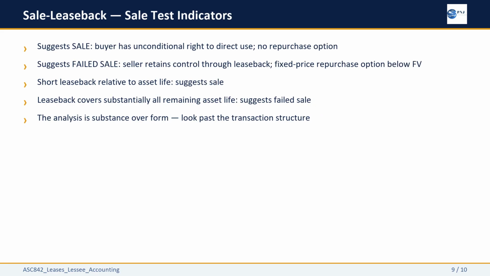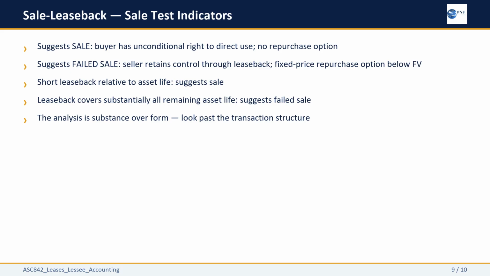The sale test is a substance over form analysis. A genuine sale means the buyer has taken real control of the asset. They can direct its use. There is no obligation or option to repurchase at a fixed price, and the leaseback term is short relative to the asset's remaining life. Indicators that the transfer is actually financing, not a sale: the seller retains effective control through the leaseback terms.